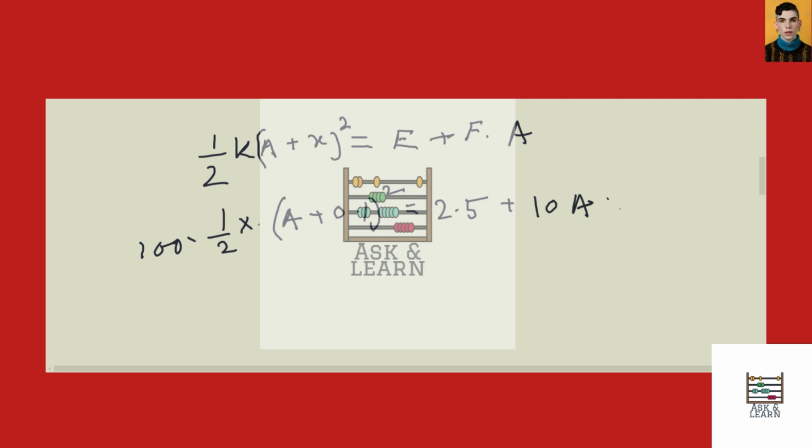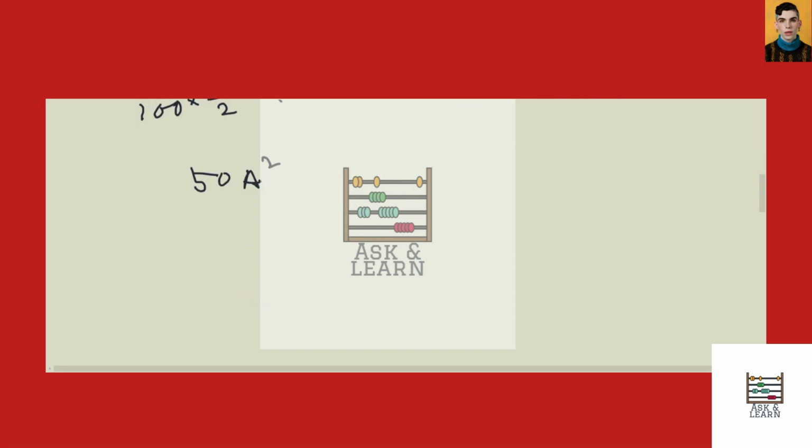This gives us 50 a square plus 10x plus 0.5 equal to 2.5 plus 10x, sorry, 10a.